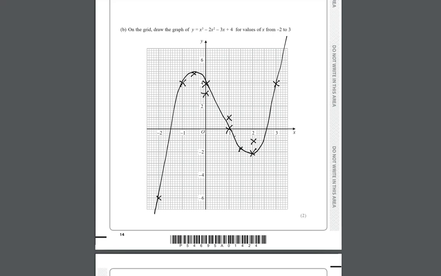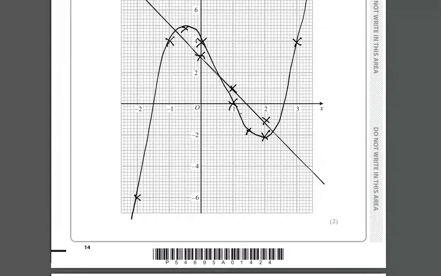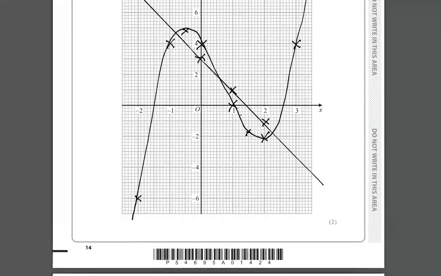It's a little tricky on here, but I think this will work. That's pretty good. And now I can look at what the x values are that solve that. So there are 3 of them.